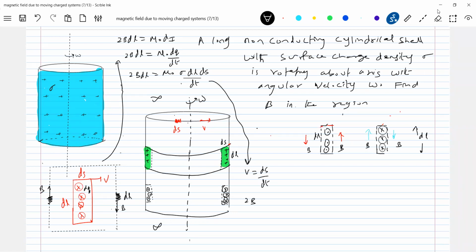So 2B dl is equal to mu naught sigma dl ds by dt. So substitute: 2B dl equal to mu naught sigma dl into v. dl gets cancelled. So 2B equal to mu naught sigma v. Again the same thing, what we earlier had.